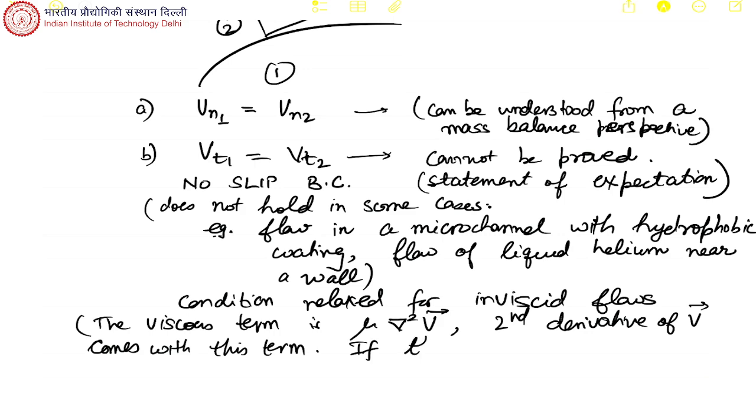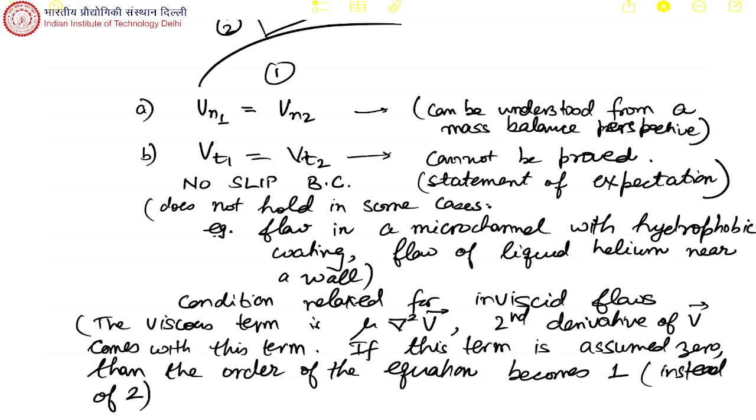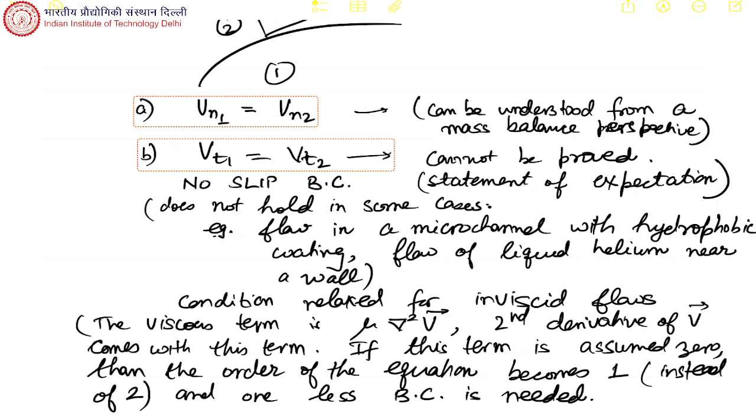If this term is assumed 0, then the order of the equation becomes 1 instead of 2, and 1 less boundary condition is needed. So, this is a term which is relaxed.